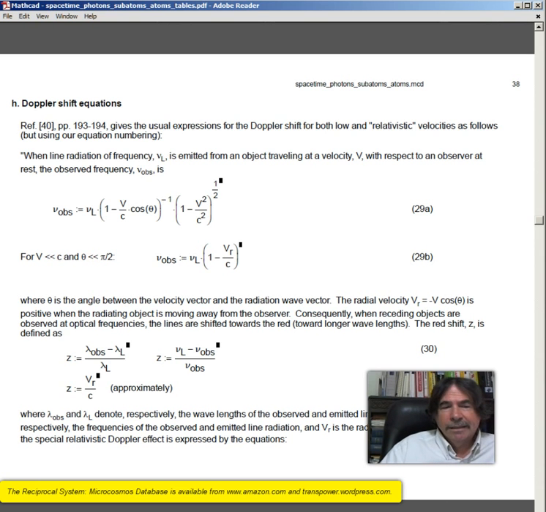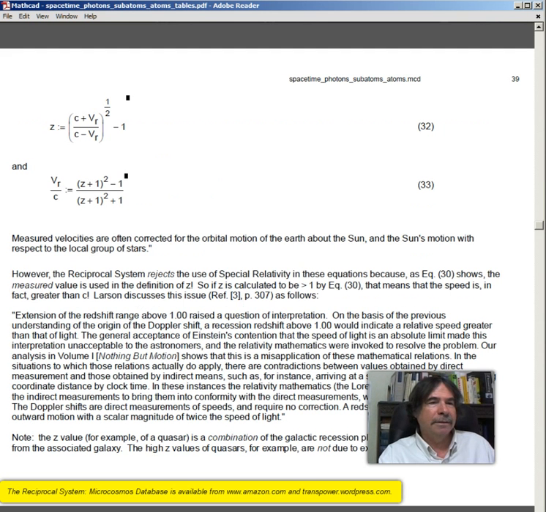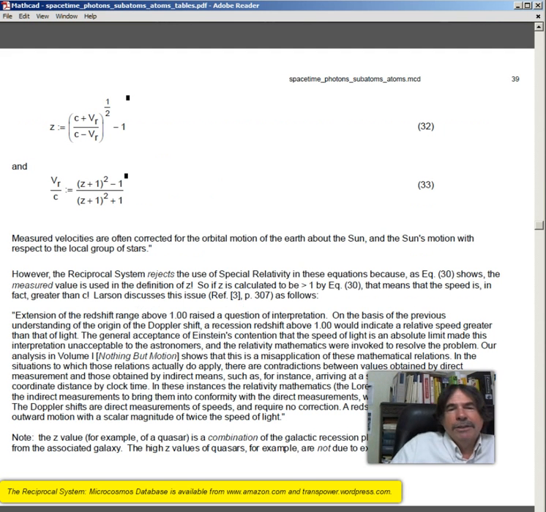For large velocities, this reference says, the special relativistic Doppler effect is expressed by equations 32 and 33, and you can see the equations there.